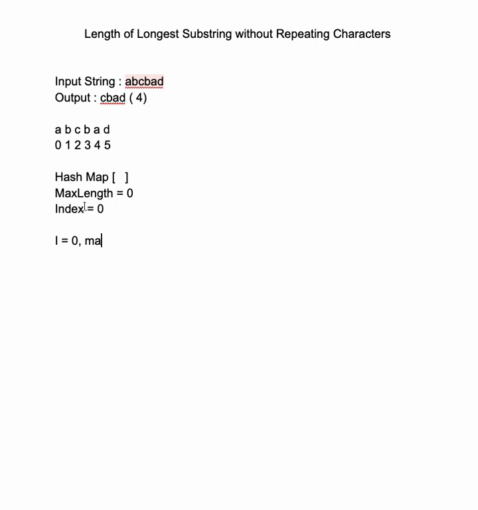The index is nothing but what we can call the starting index. Max length will be I equal to 0 minus starting index 0 plus 1, which is equal to 1. Now in the hash map we can update the character A and its corresponding index.